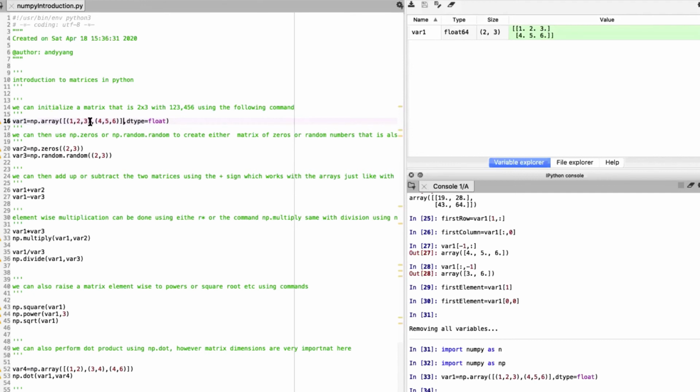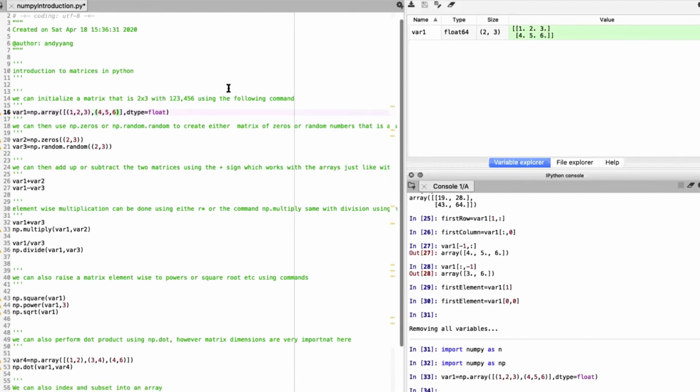So this is 1, 2, 3, 4, 5, 6, and this is row, column. If I then added another row, 7, 8, 9, this would be a 3 by 3, and 7, 8, 9 would be the third row. But we'll just keep it to 2 by 3 since the rest of the stuff is written for this.